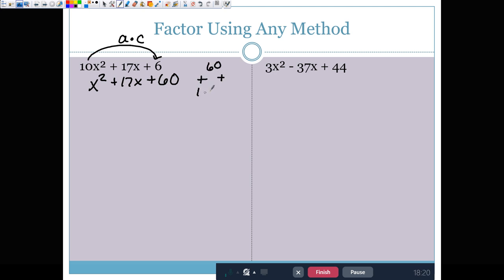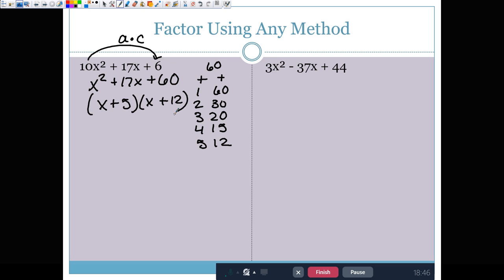So 1 times 60, 2 times 30, these don't add up to 17. 3 times 20, 4 times 15, getting close. 5 times 12. Yeah, 5 times 12 is 60, and 5 plus 12 is 17. So I'm going to have x plus 5 and x plus 12.